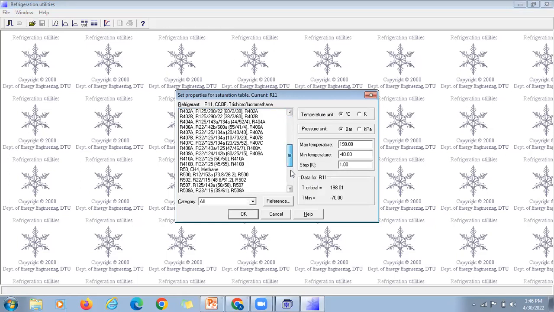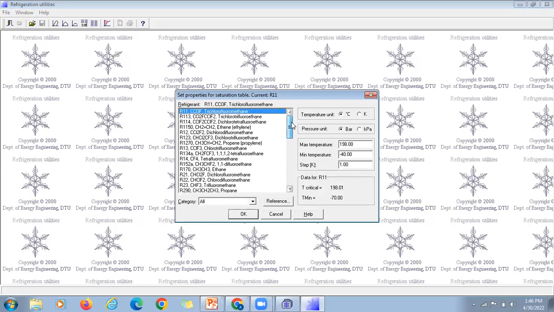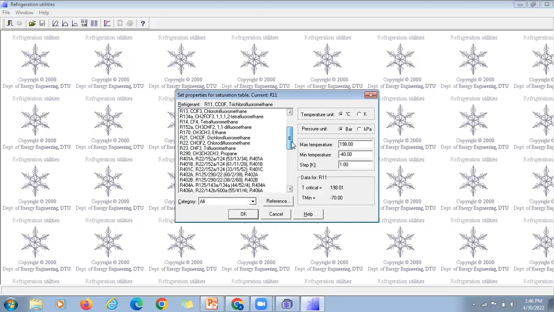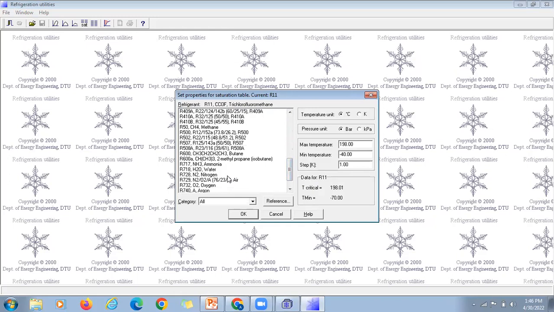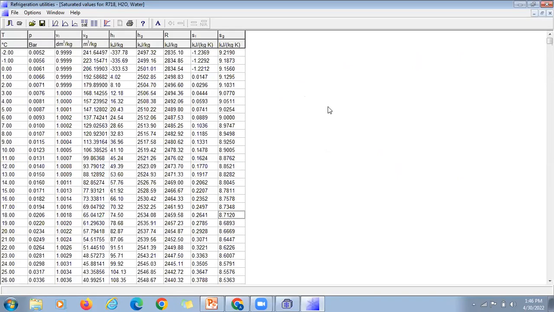Here, many substances. You can look for water. So you can get the saturation properties: the temperatures, pressures, even specific volumes, enthalpies, and R value, okay?